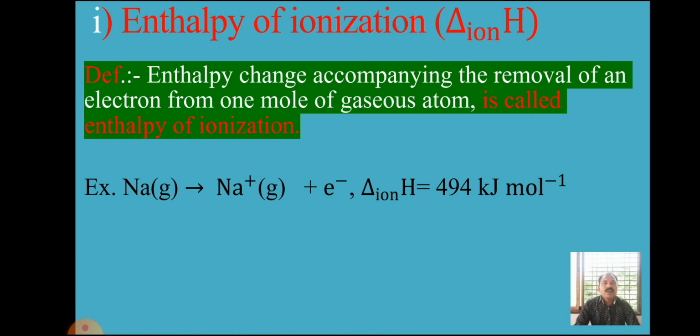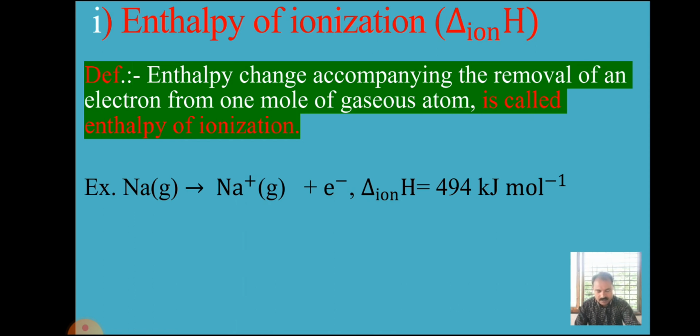If the delta H is positive, that means the reaction requires heat, and if delta H is negative, that means after the reaction heat energy is released. When 1 mole of gaseous sodium atom is ionized to gaseous sodium ion, the enthalpy change is 494 kilojoule per mole.